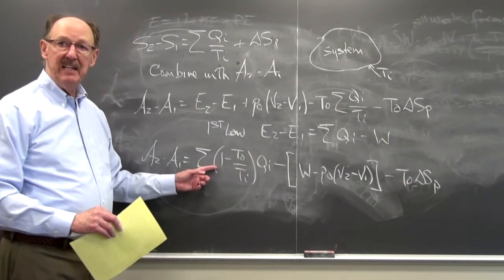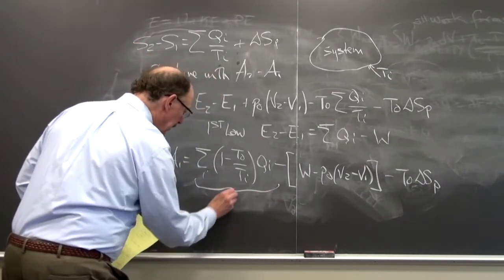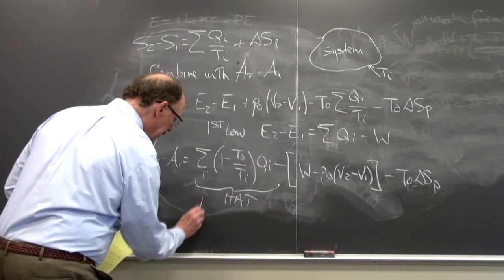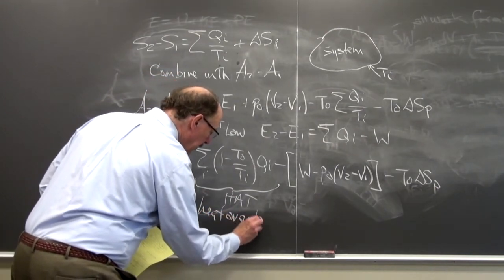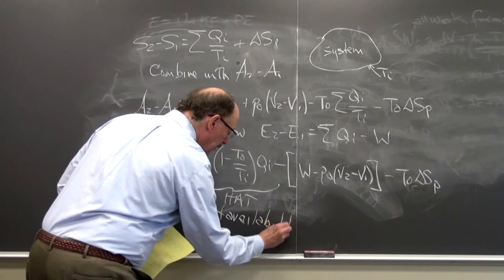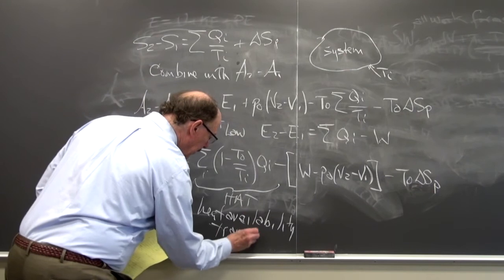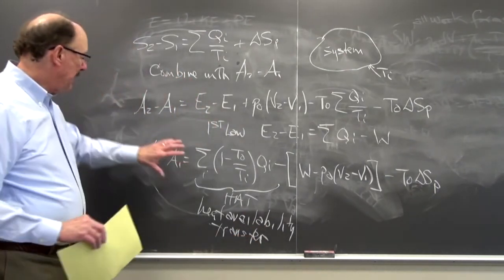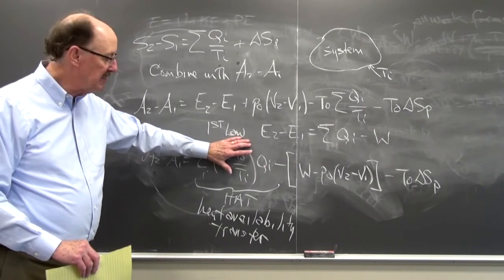This is called the heat availability transfer. And basically, it's that part of the change of availability associated with heat flow in or out of the system.